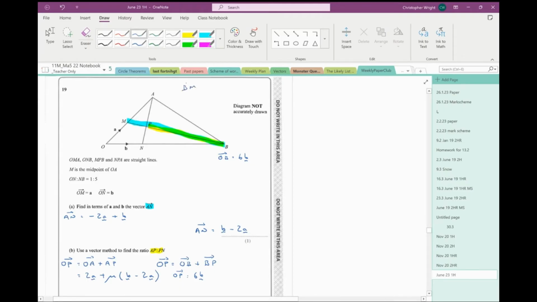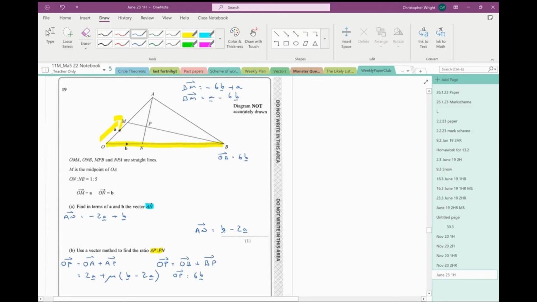To go from B to M, I'm going to go backwards there and forwards here. So it's going to be minus 6B plus an A, or you might like to call that A minus 6B. So that's B to M.